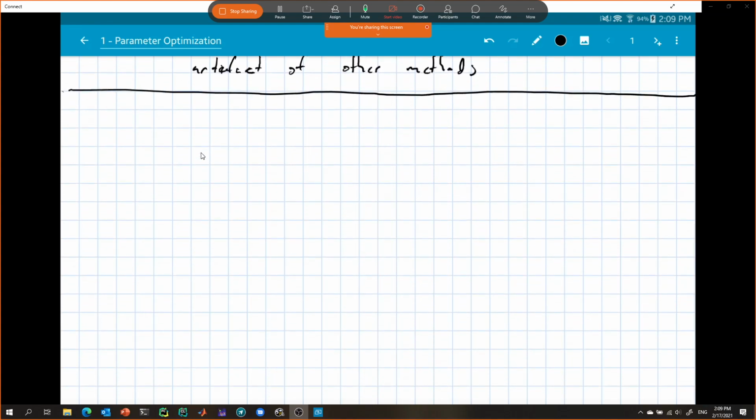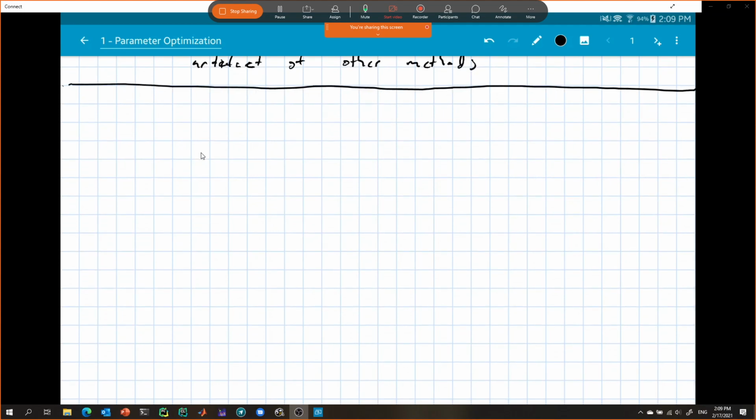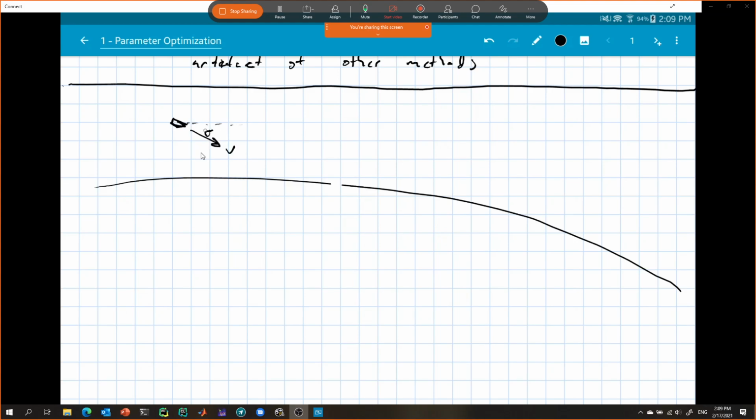So let's think, okay, what kind of problems can Beluga solve? Imagine we have the Earth here, and then we have some glide vehicle coming in. It's coming in with some velocity and some flight path angle, gamma, and we want it to hit some target here. So it has its states.